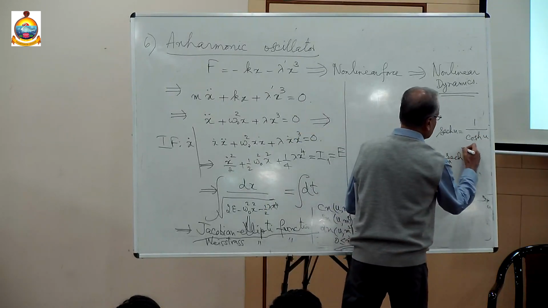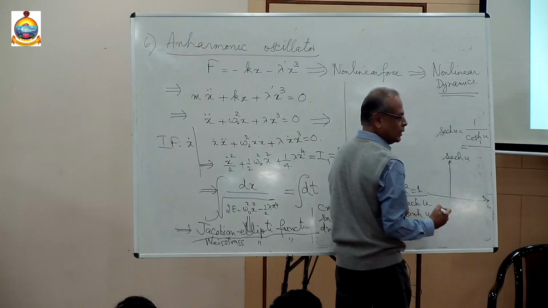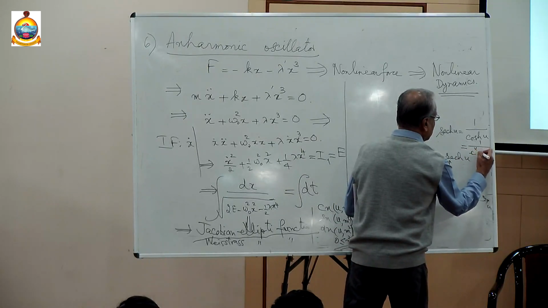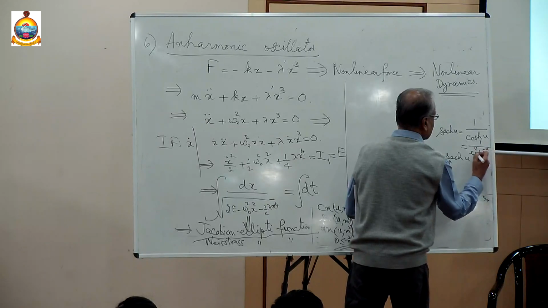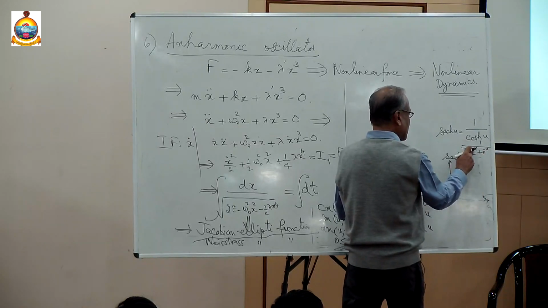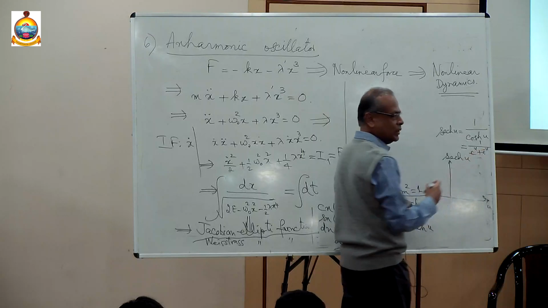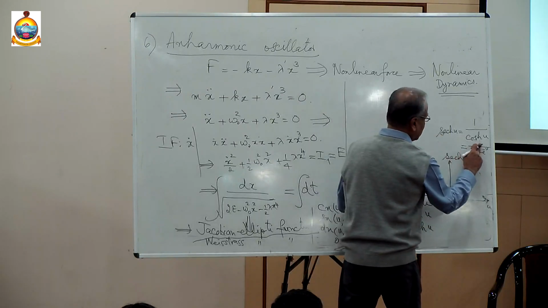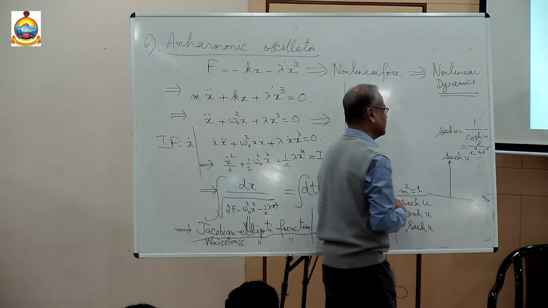And what is cos h u? In terms of exponentials, it is e power u plus e power minus u, divided by 2. Okay, cos is e power iu plus e power minus iu by 2. For secant h, there will be a 2 also coming in.